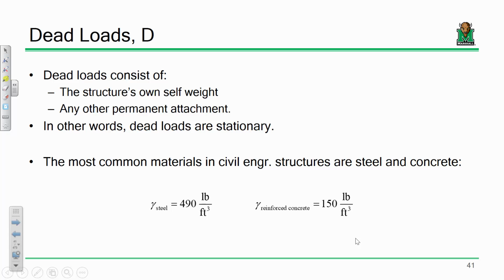For our purposes in here, unless otherwise noted, we can take the unit weight of reinforced concrete to be about 150 pounds per cubic foot. Steel's unit weight is 490. You can set your watch by it, so that'll be a constant value that we use. Although, admittedly, we won't use the steel one that much because most of the shapes that we use, for instance, like a W10x49, we already know how heavy it is just based on its name. But that'll become clear here in a second.